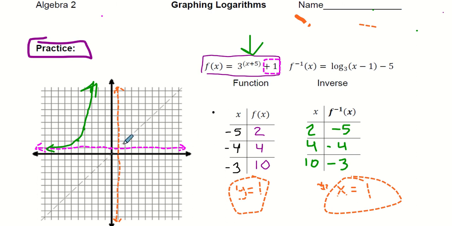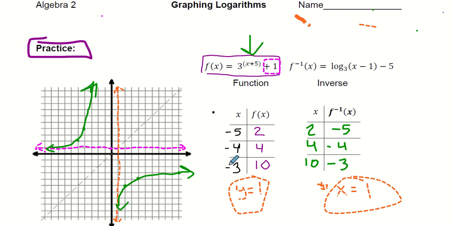So if we graph these points, 2, -5: 2, then 1, 2, 3, 4, 5. 4, -4: 4, then 1, 2, 3, 4. And then 10, which I believe is here, -3: 1, 2, 3. And remember, it's supposed to get really close to this asymptote here. So it'd be something like this.